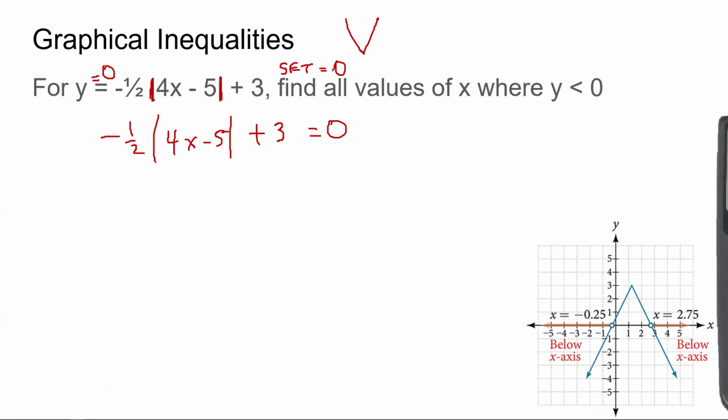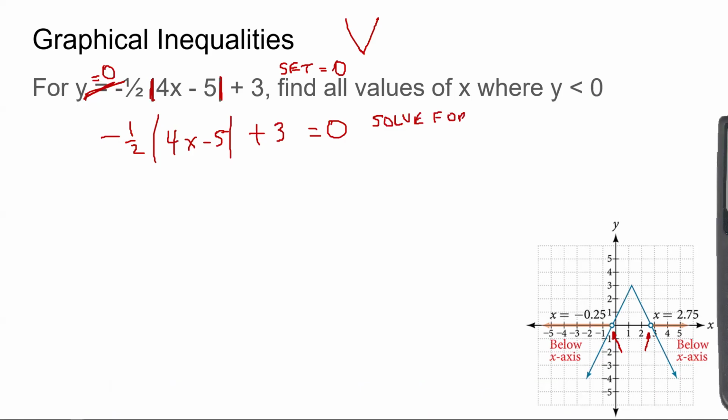I'm looking for the roots of this equation, the place where the graph, the function crosses the x-axis. And that's where, I'm sorry, where y equals 0. So we did that first, set y equal to 0. Next up, I'm going to solve for x.